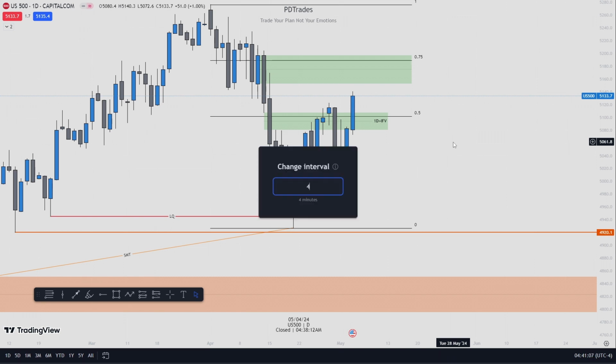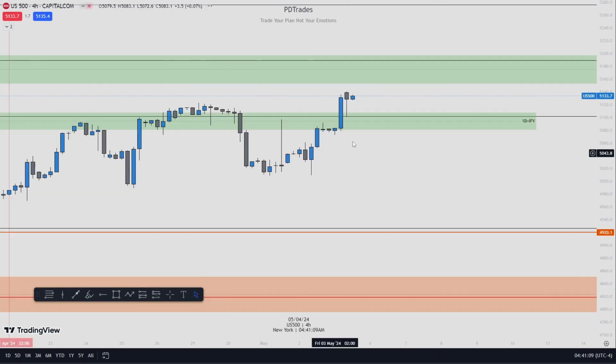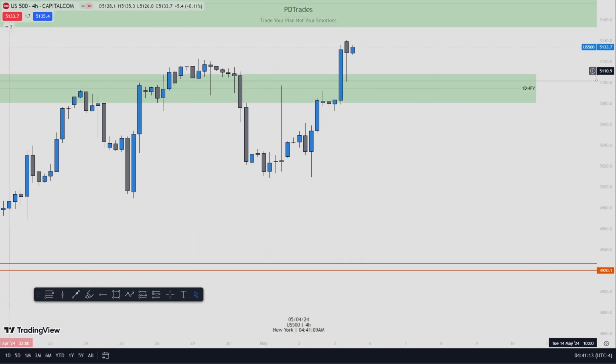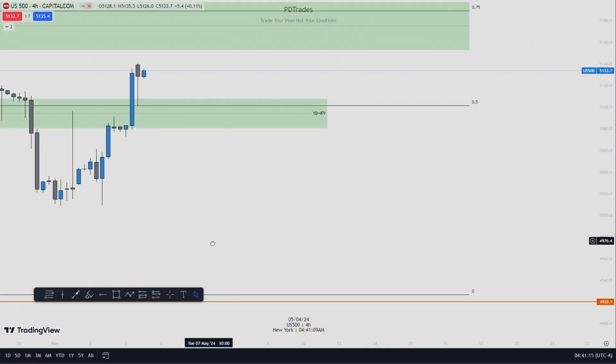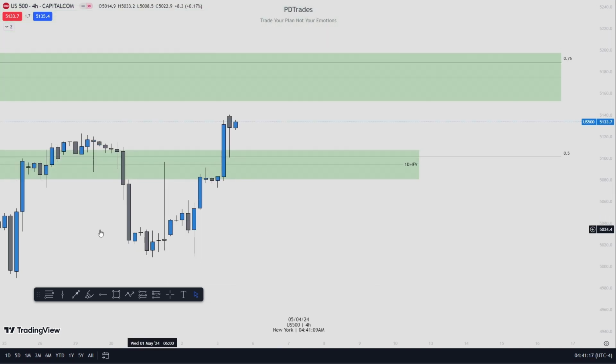So I'm gonna go to my 4-hourly chart. Look at price, man. This is the midpoint of the range, right? Look what price did. After that, it went straight to the midpoint and closed. So it opened, kind of went a little bit up, shot down, went to the midpoint and closed.